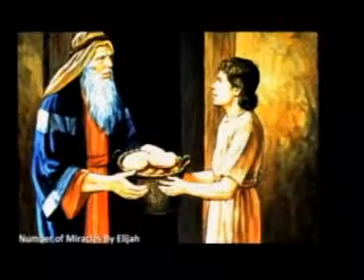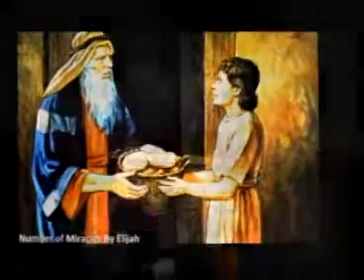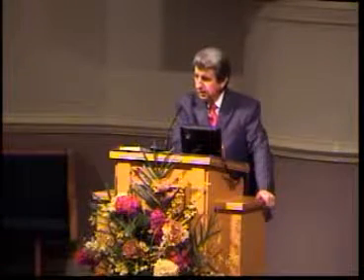Here's an interesting question, and we've in here by design, the number of miracles that are recorded by Elijah. You remember Elisha making a request of Elijah. Elisha said to Elijah just before Elijah ascended to heaven in the chariot, "Give me a double portion of your Spirit."